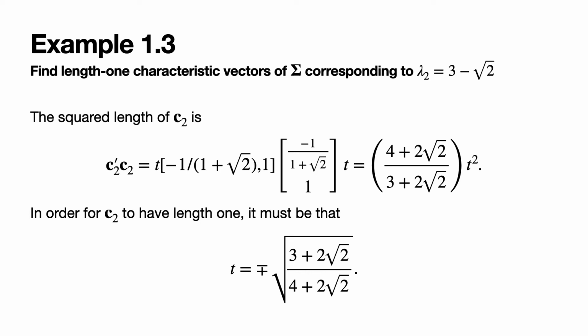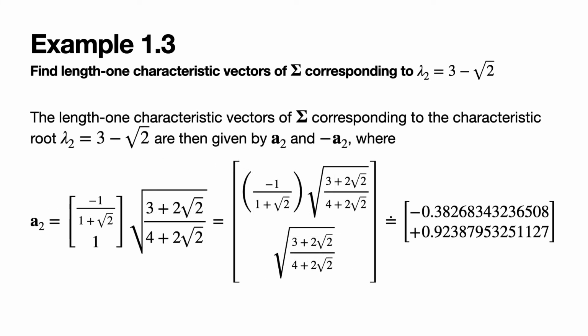And so if we set that equal to 1 and then solve for t, we see that t must be minus or plus the square root of 3 plus 2 times the square root of 2 over 4 plus 2 times the square root of 2. And if t is either of those two values, that will result in a length 1 characteristic vector of cap sigma corresponding to its second characteristic root.